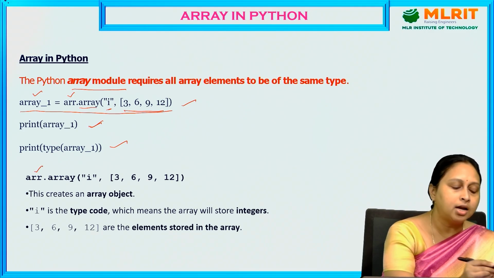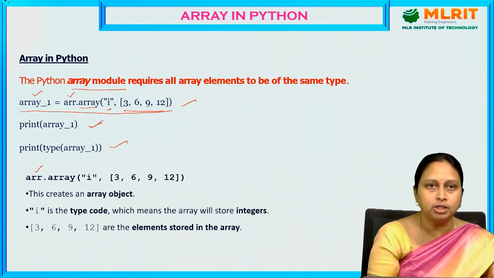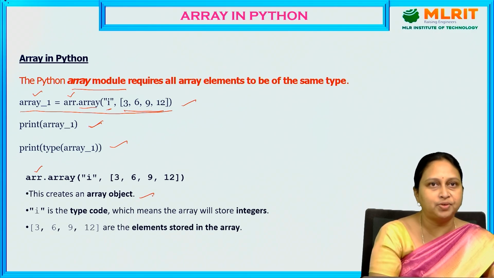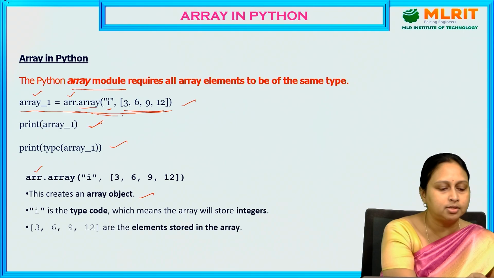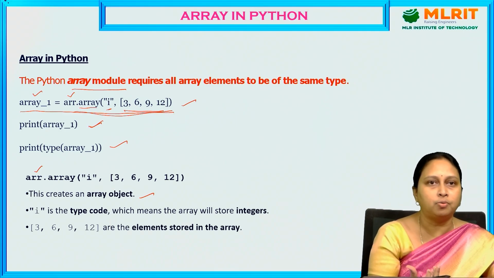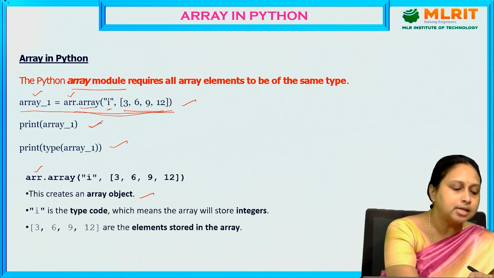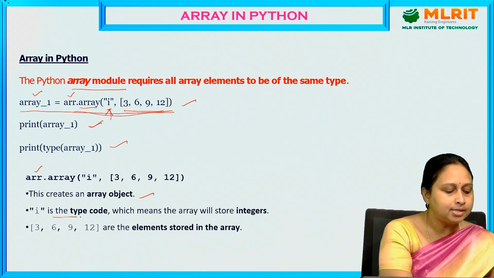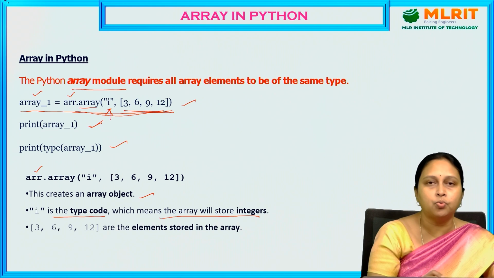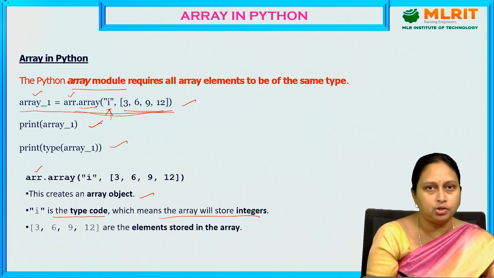Here ARR represents the array object. This creates an array object. Whatever statement we have written here will create an array object. Now what does I represent? I is the type code, which means the array will store only integer type values.